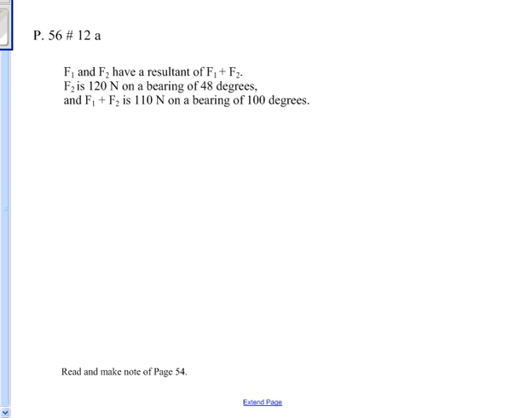So we have been told that force 1 and force 2 gives us the resultant, just as we know from addition of vectors. We know that force 2 is 120 newtons on a bearing of 48 degrees.